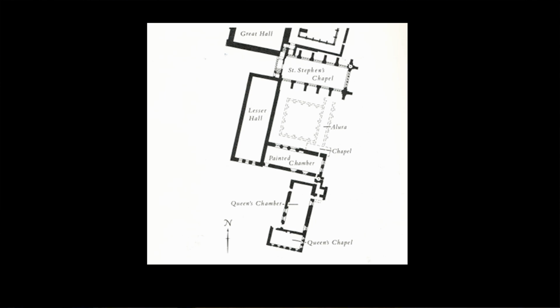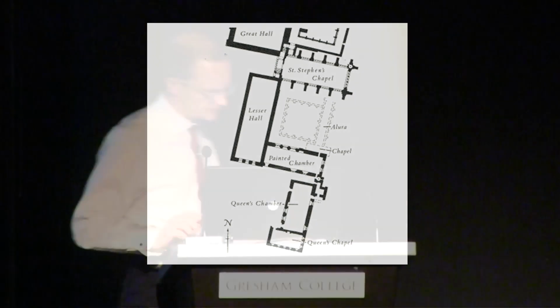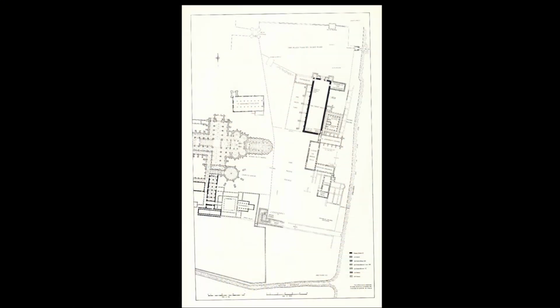In fact, there was a squint through the wall which allowed him to look from his bed enclosure at Mass being celebrated in the chapel, and in fact there was also a gallery which linked from here to St. Stephen's Chapel, the main palace chapel, up there. And of course, the palace was not just a palace standing by itself, because it was a complex which also embraced the abbey itself.